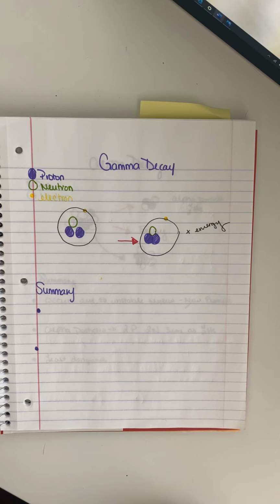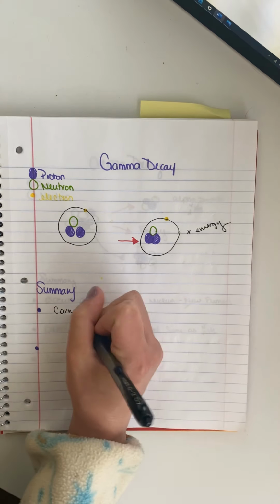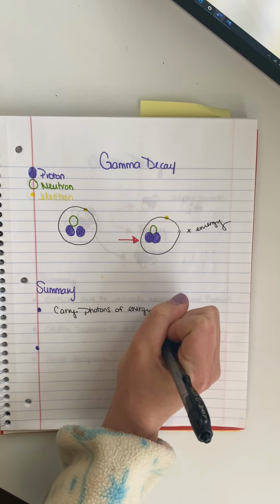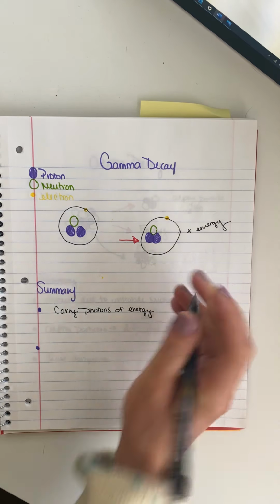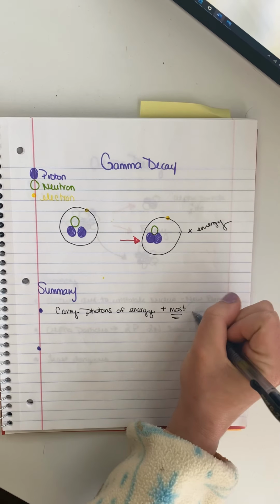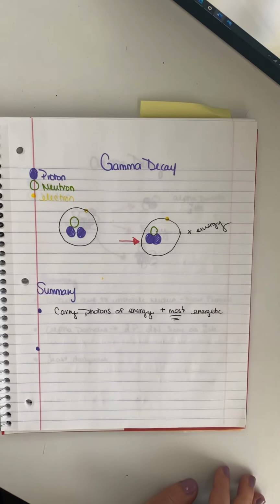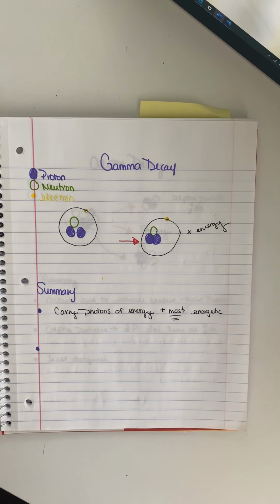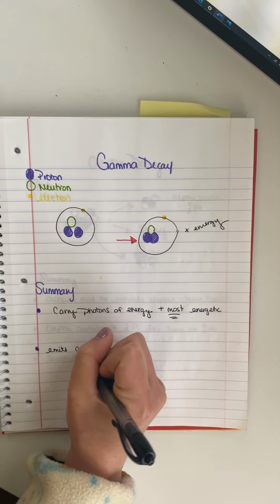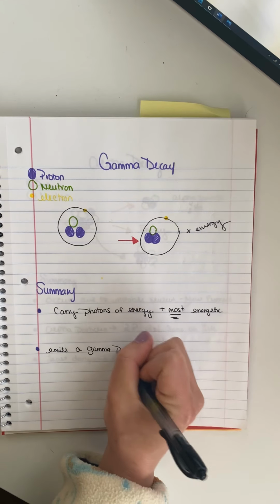So let's summarize. Gamma decay: they carry photons of energy, and they are the most energetic. I'm going to underline that a couple of times. Energetic. I think I spelled that right. So the nucleus emits that package of energy, a gamma particle, which I called before that quote-unquote packet of energy.